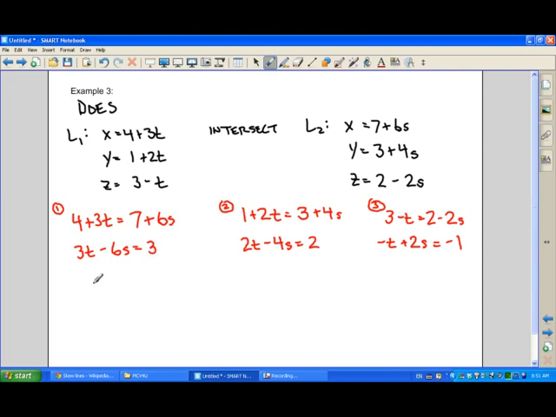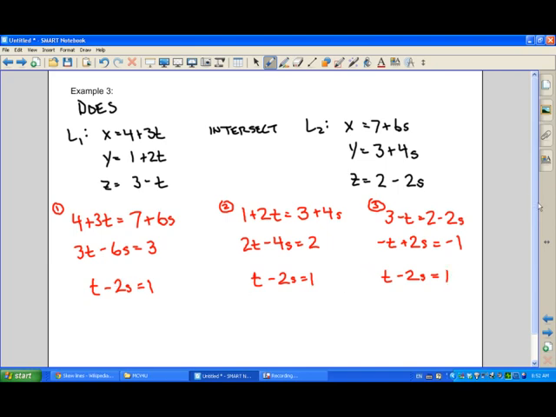And if we reduce the first equation by dividing all terms by 3, I get t minus 2s equals 1. In the second equation, there's a common factor of 2. If I divide out 2 from all terms, I get the equation t minus 2s equals 1. And in the third equation, if I divide all terms by negative 1, I get the exact same thing.